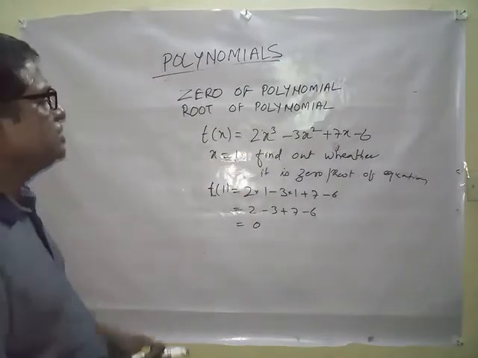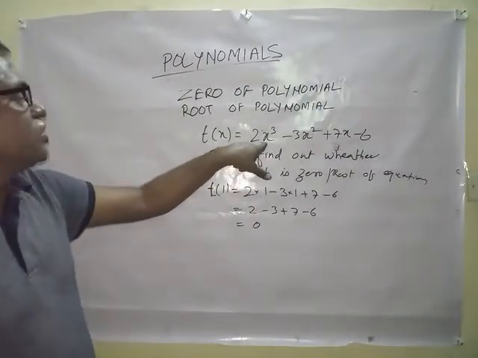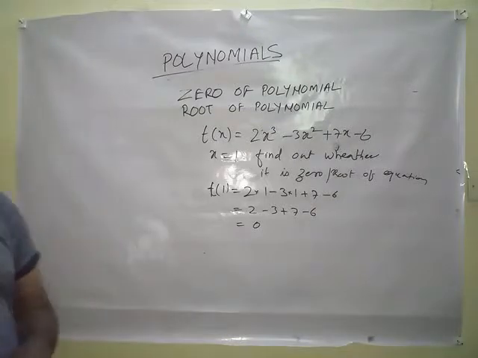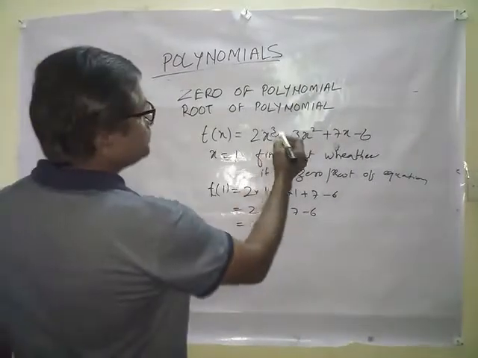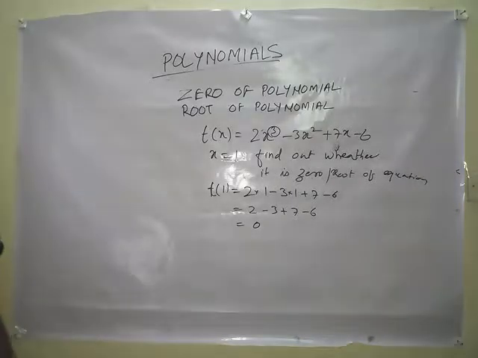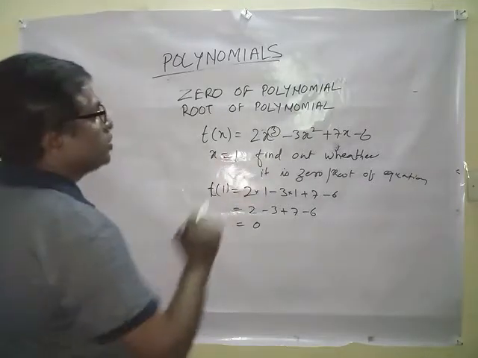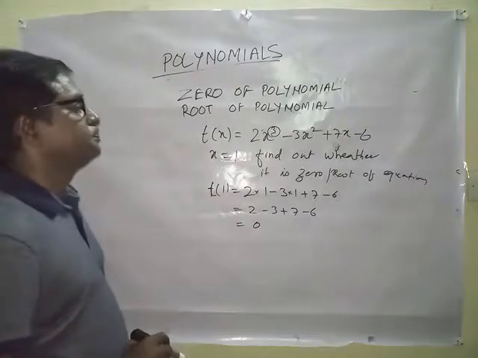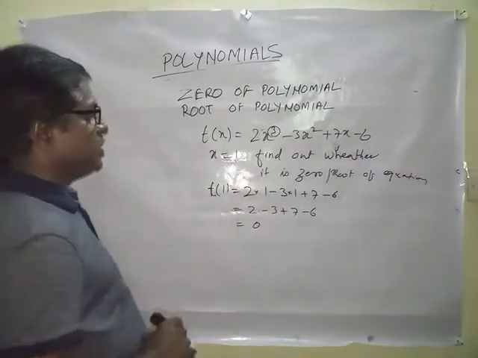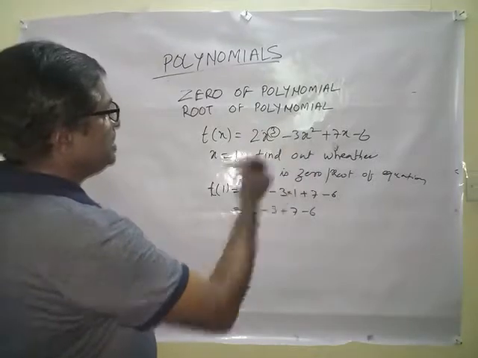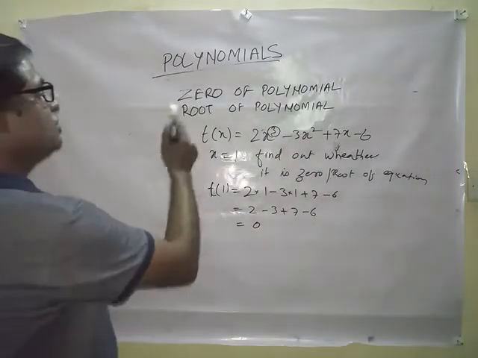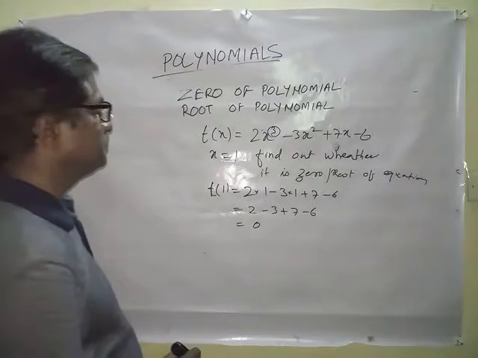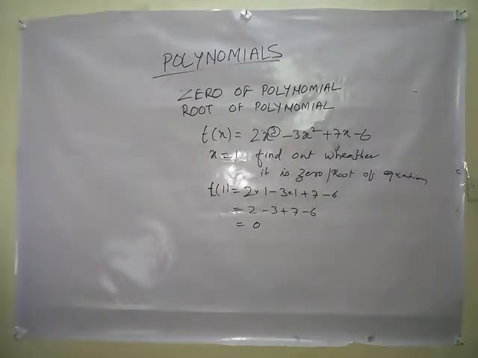How many zeros or roots can happen for this polynomial equation? We have seen that the highest degree is 3. Highest degree is 3 means it is a cubic polynomial equation with 4 terms. A cubic polynomial equation can have 3 zeros or roots. So please remember that, I keep on revising in between.